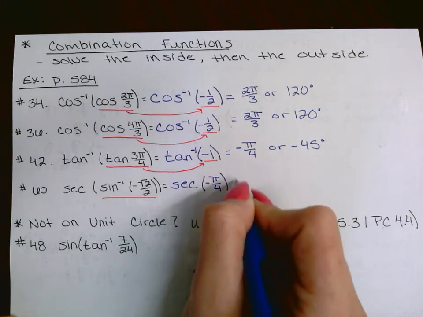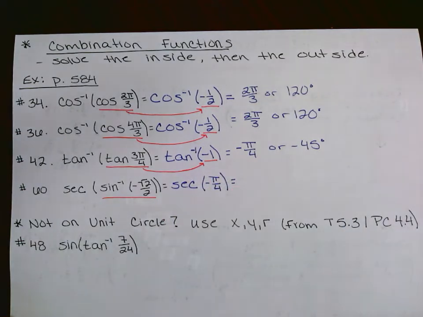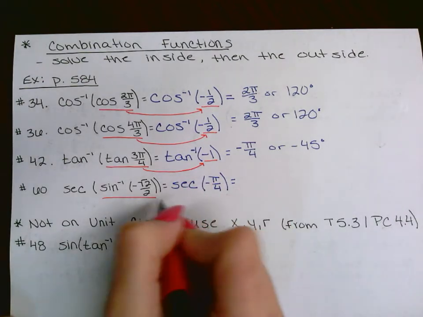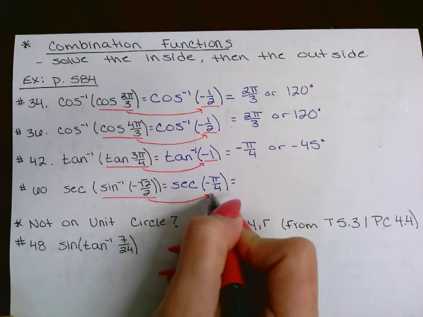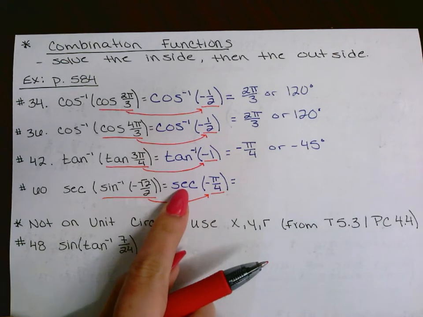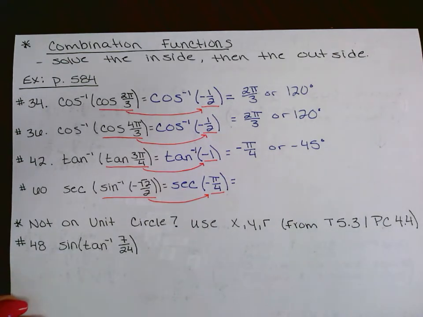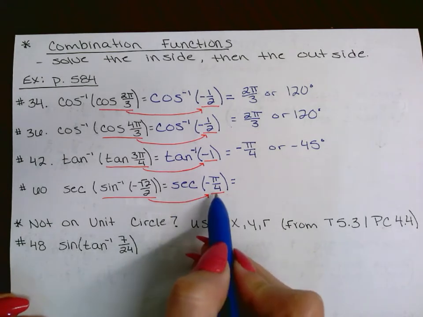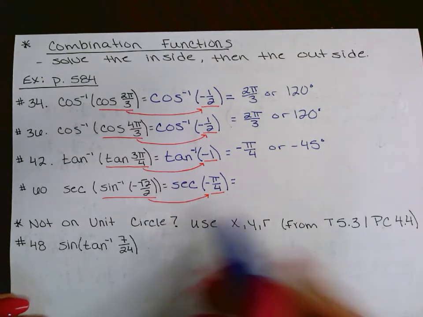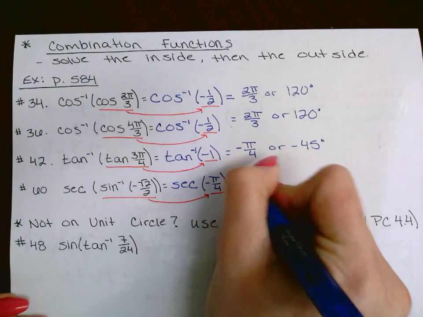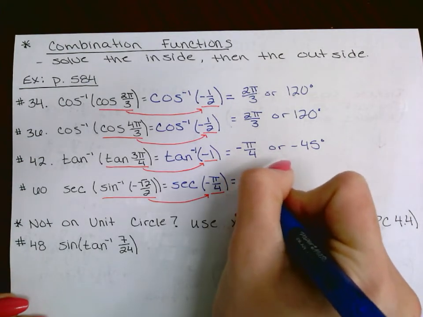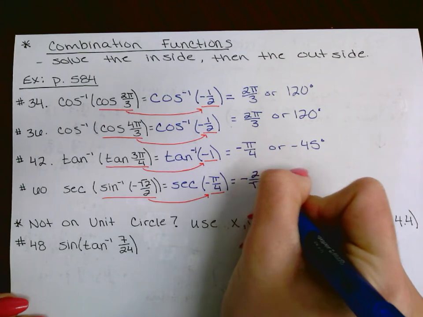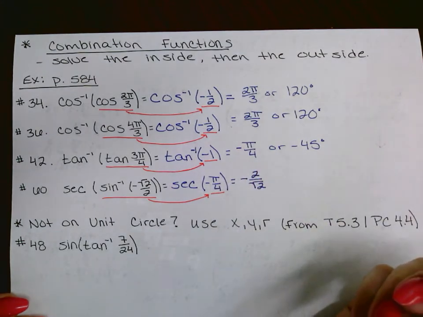You can write one of them here. You don't have to write them both. So now, in that same exact location at negative pi over 4, what is the secant? What was the rule for secant? It's flipping the cosine. So what do I get if I flip the cosine in that spot? Well, my cosine is negative radical 2 over 2. So if I flip it, I get negative 2 over radical 2.